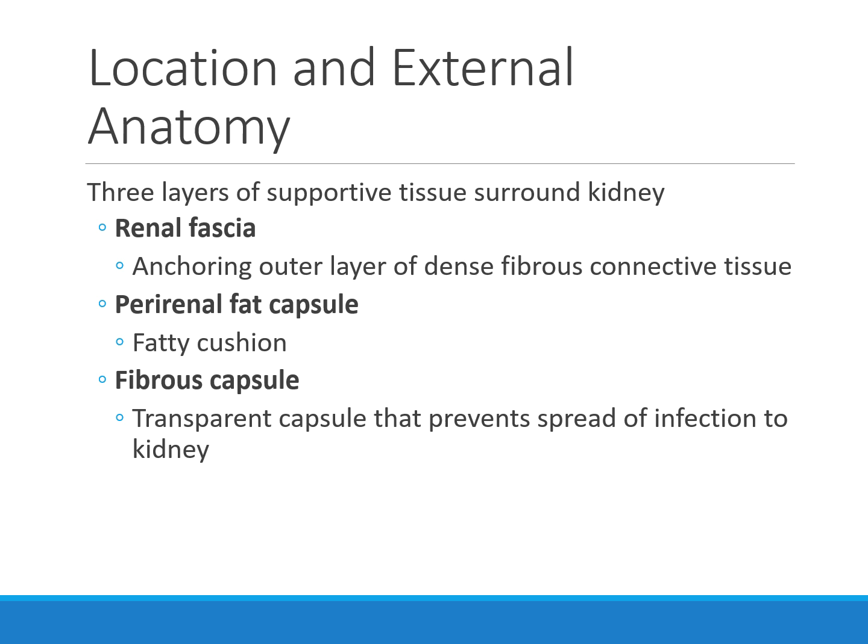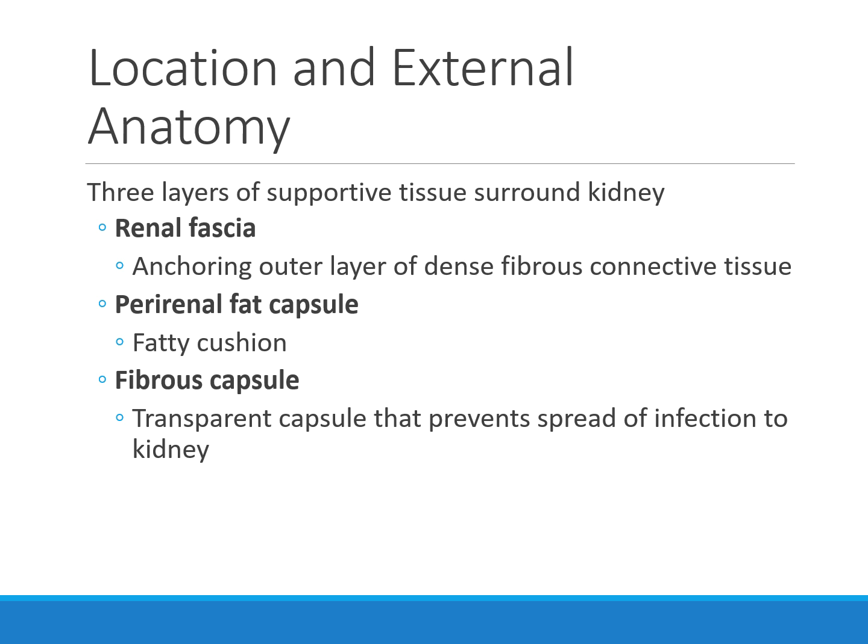There's three layers of supporting tissue that are surrounding the kidney. So remember, it is not part of that big bag that all of our guts are in. It is actually sitting back behind it. So they're actually embedded in the musculature of your lower back. So the renal fascia, the dense fibrous connective tissue, anchors the kidney into place. And then you've got a fat cushion around it called the perirenal fat capsule.